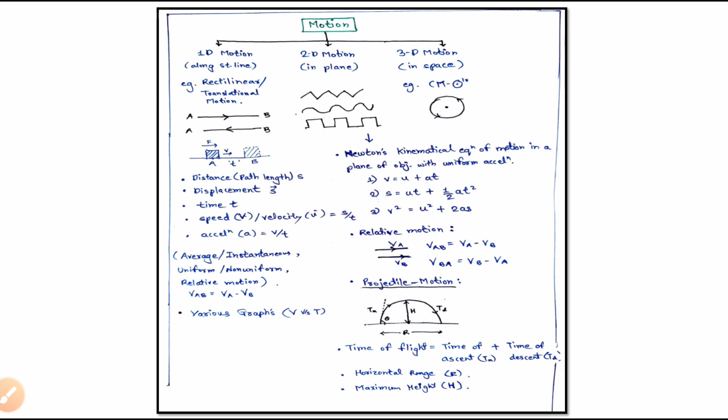Now we can further classify motions into three types: 1D motion, 2D motion and 3D motion, that is one-dimensional, two-dimensional and three-dimensional motion. We discussed certain examples. 1D motions are the motions along a straight line path, 2-dimensional motions are those occurring in a plane, and motions occurring in space are 3-dimensional motions.